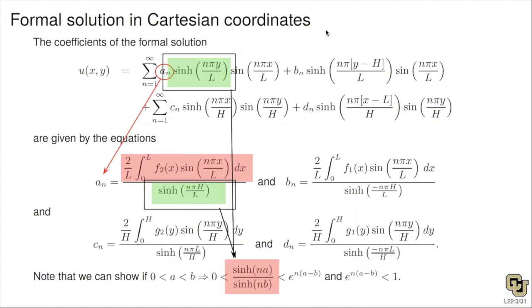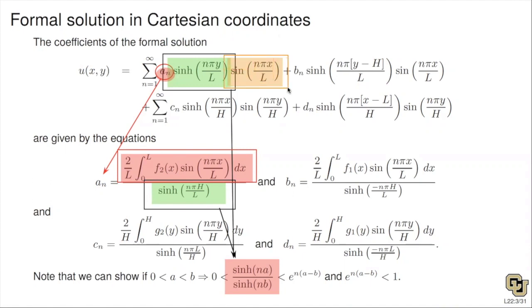So what's going on here in terms of convergence is that for the numerator of the a sub n term, I'm not worried. If f2 is piecewise smooth, the numerator is well behaved. This sine n pi x over L term is bounded by 1. If I'm trying to show absolute convergence, I do a triangle inequality and take the absolute value, and I know this part is bounded by 1.